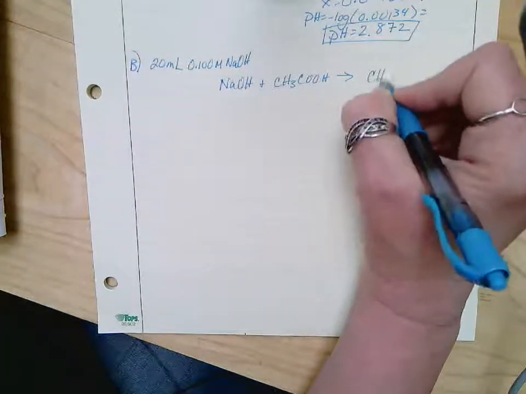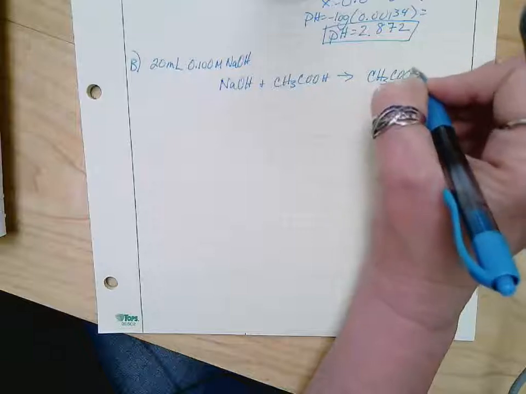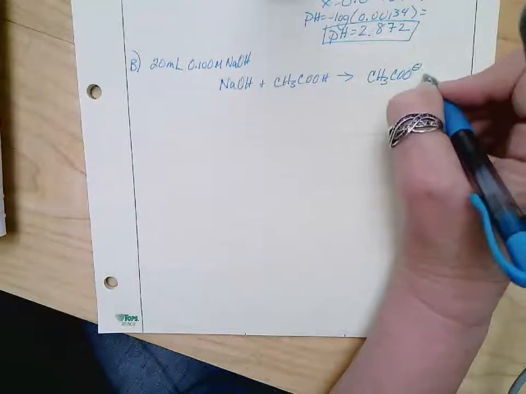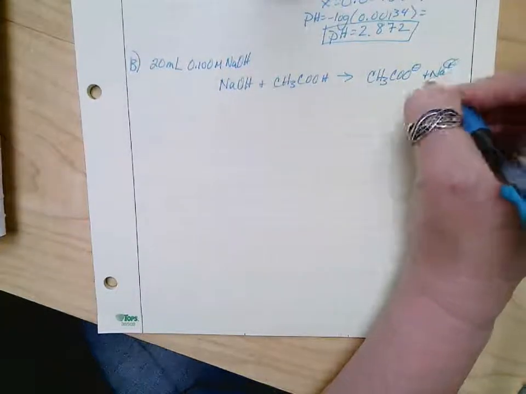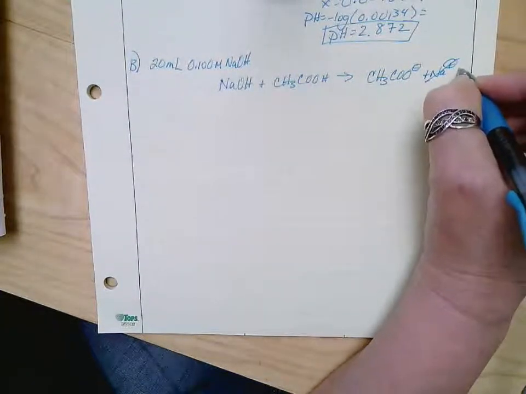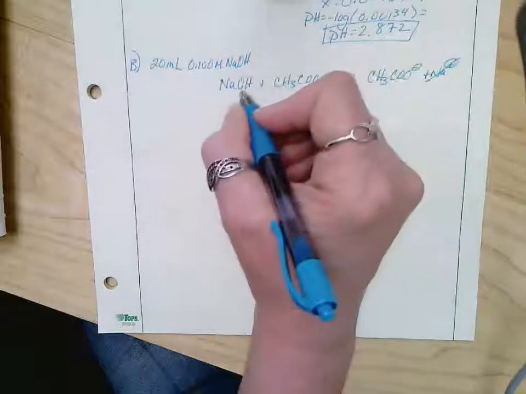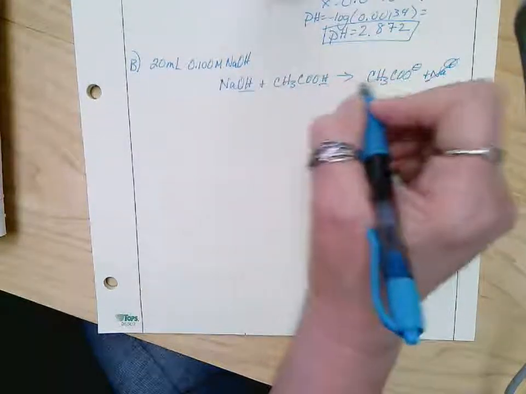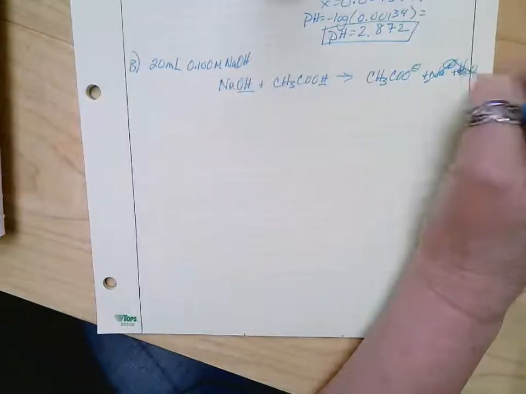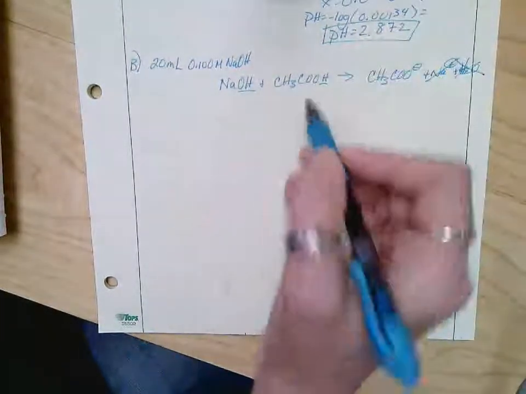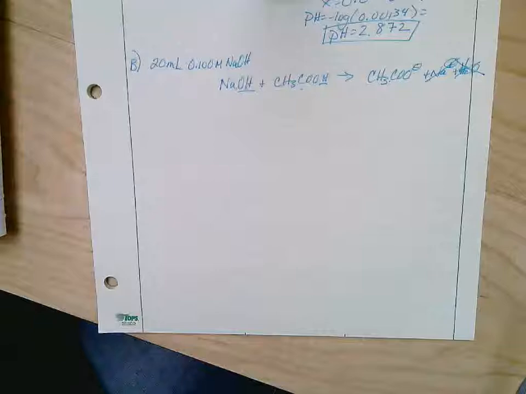It's going to give me CH3COO minus. I'm going to have some sodium ions left over, but I don't care because they're not going to do anything to the pH. And all of the hydroxides will react with hydrogen ions to give me water. I don't care about the water either, but I do care about these two.